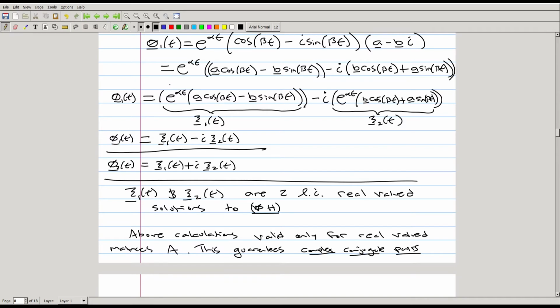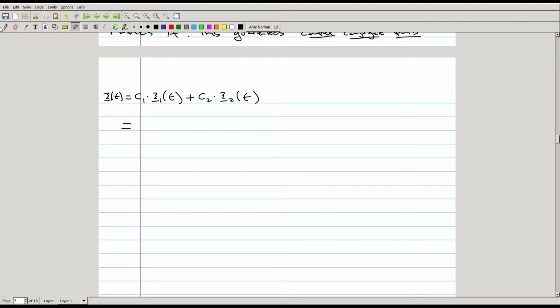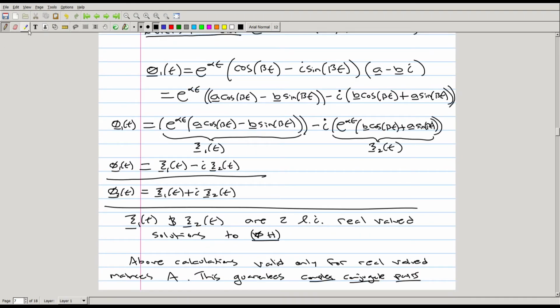Which in long expression is going to be this times C1 plus C2 times psi2, which is this right here.